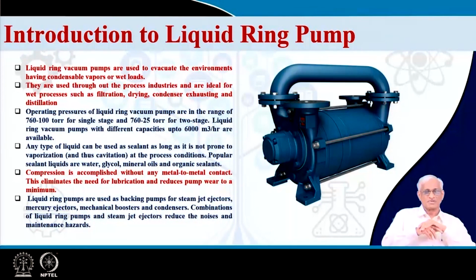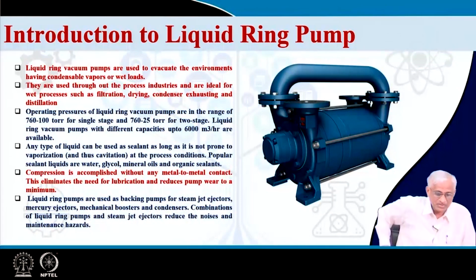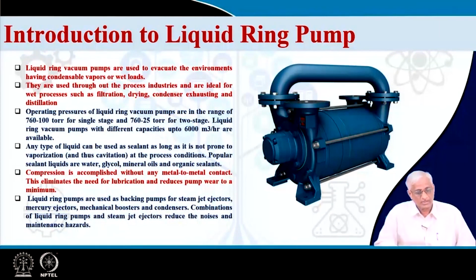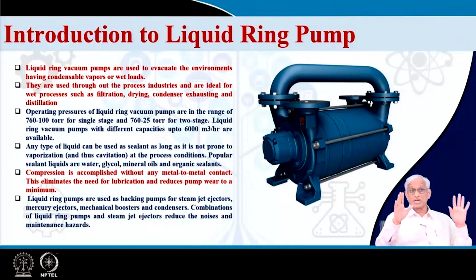So, there is a lot of scope to improve the design more and more by using different liquids, by using different mechanisms. It is up to the imagination of a typical mechanical engineer. Okay? And it is also an expansion compression type of pump like a rotary pump. But there is no metal to metal contact.